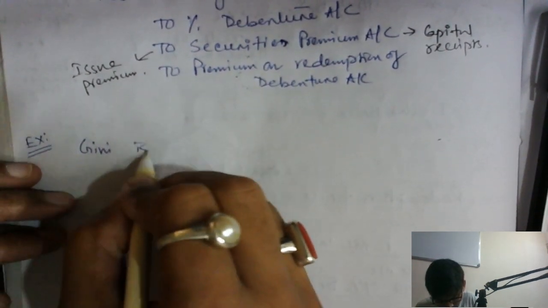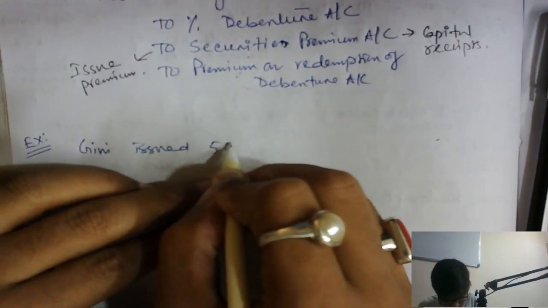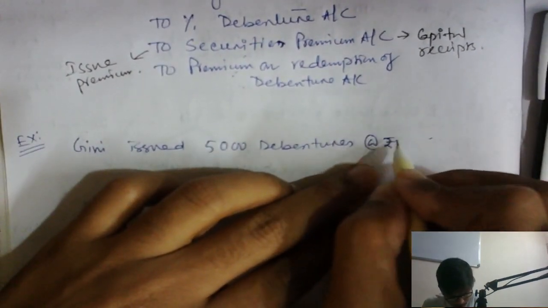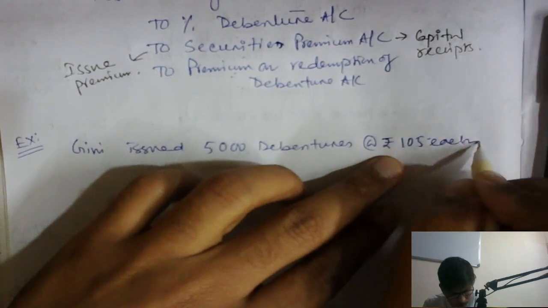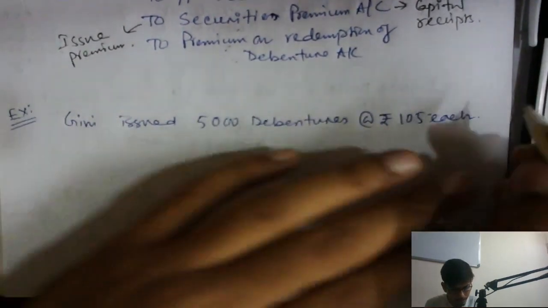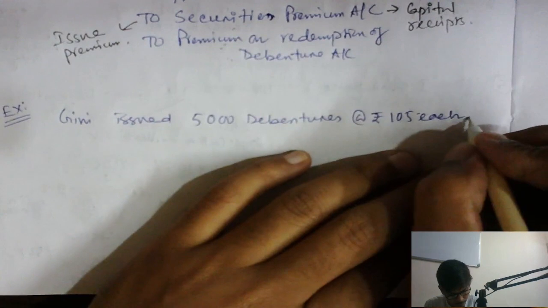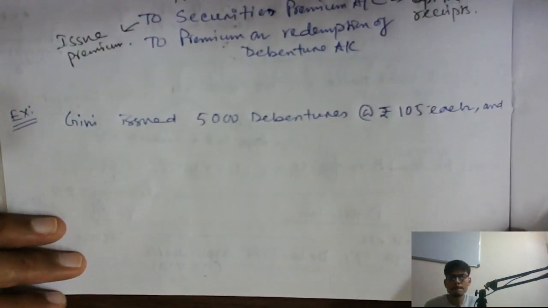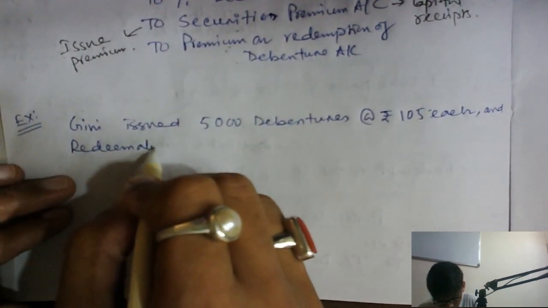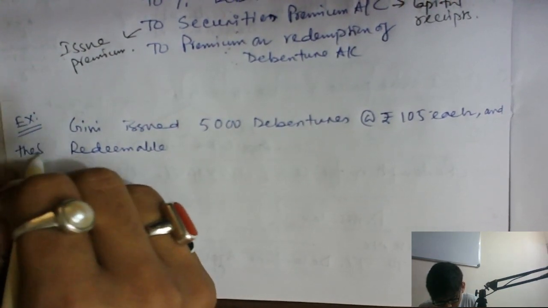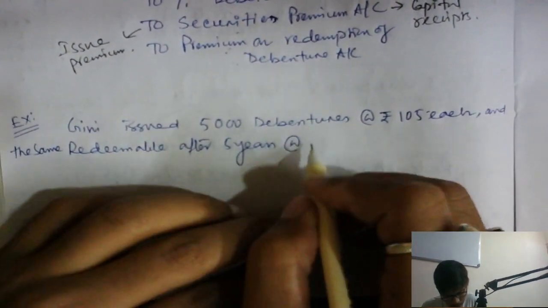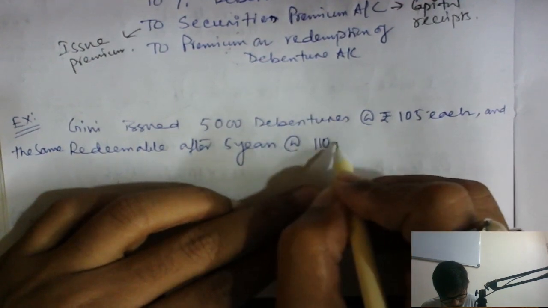Genie issued 5,000 debentures at the rate of rupees 105 each, and the same redeemable after 5 years at the rate of 110 rupees each.